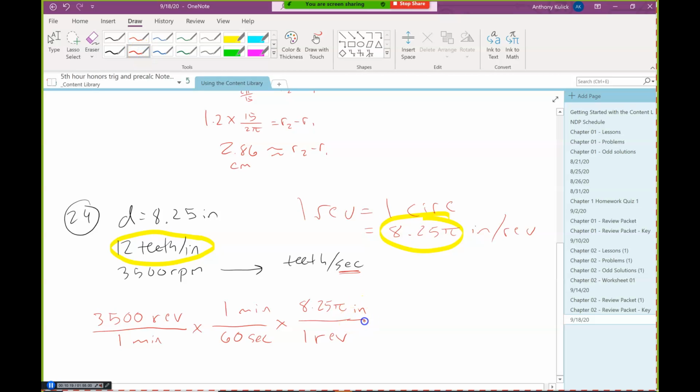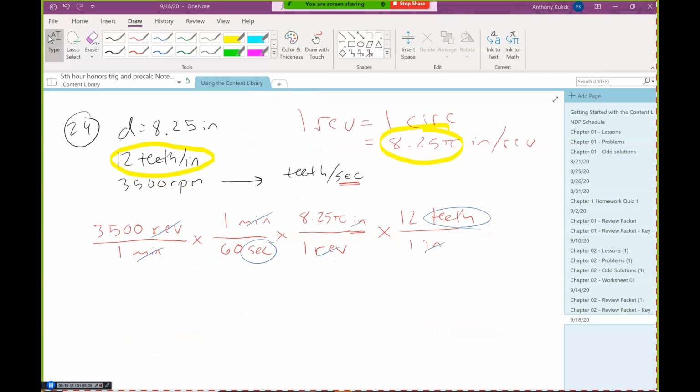And those are inches. And that's nice because my next conversion factor, I know that 1 inch has 12 teeth. And if I go and look now at my units, minutes have canceled and I'm in seconds. Revolutions cancel, inches cancel, and I'm left with just teeth per second. So this should be the unit that I'm looking for, or the answer that I'm looking for.